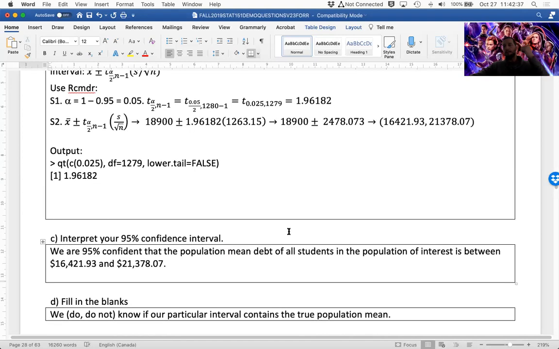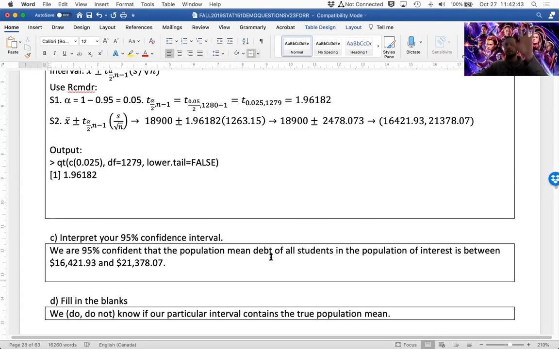So again, we have the 3 components of our interpretation. We have the percent confidence level we're working with. We have an indication of the variable and the population that we are dealing with. And then we have the bounds of our interval.